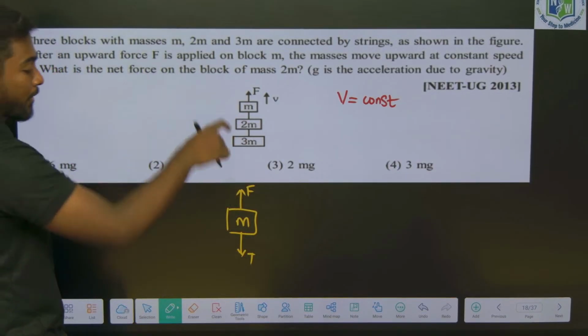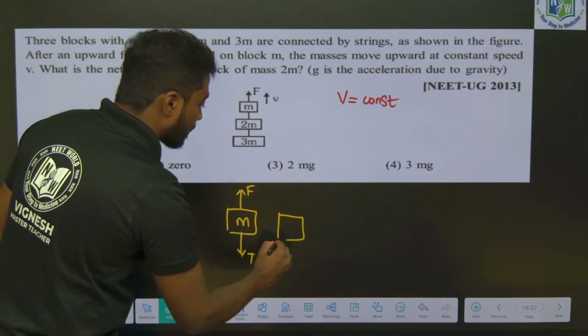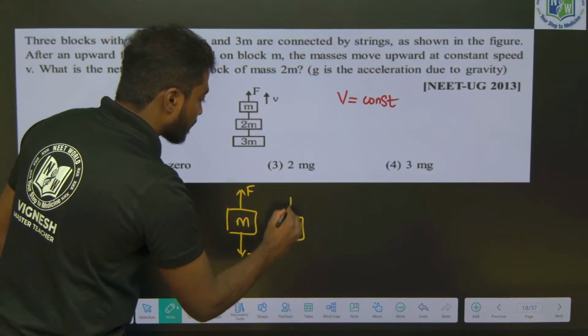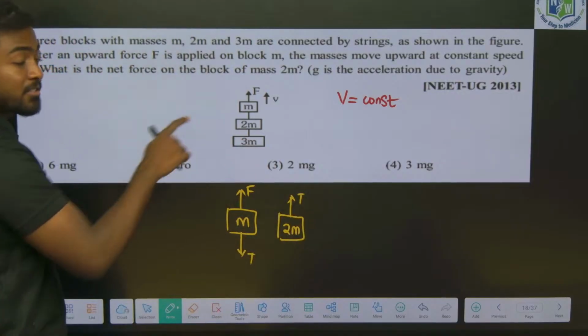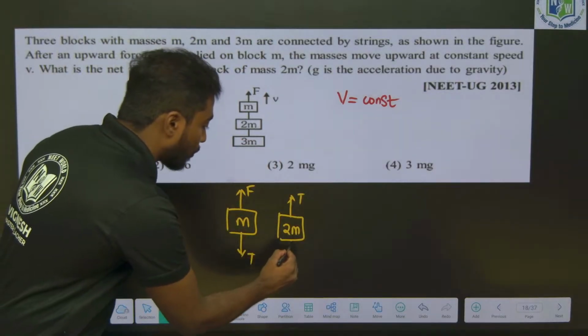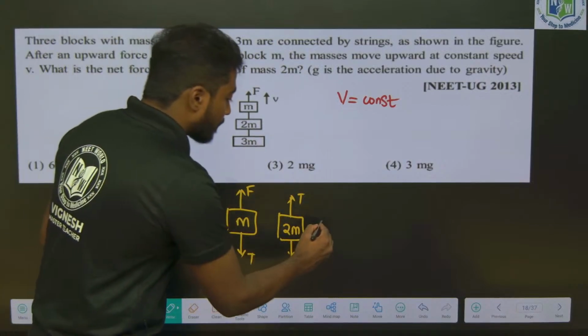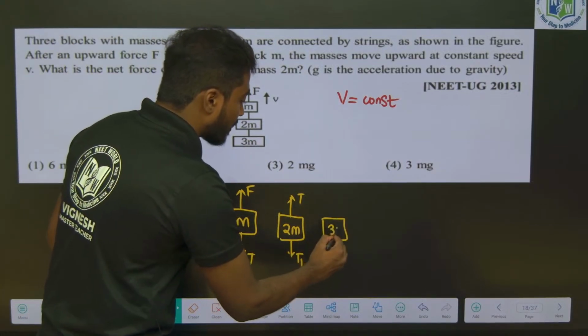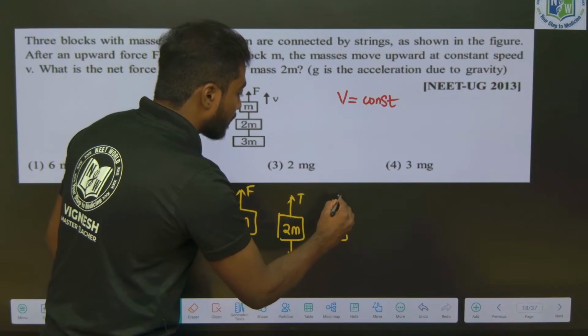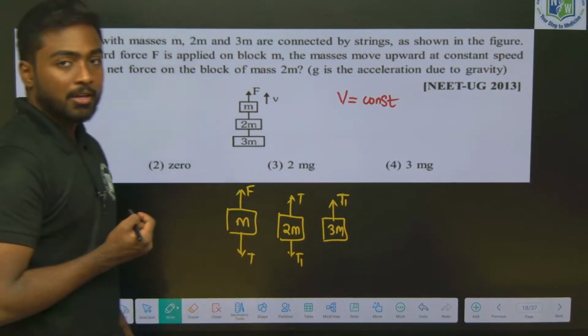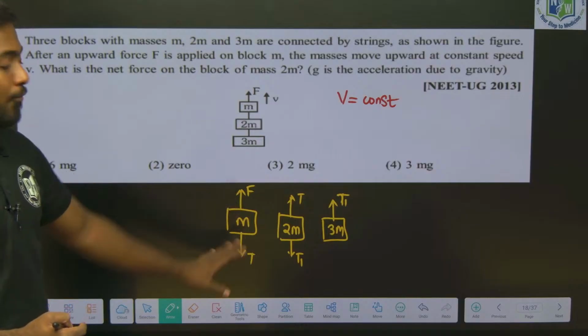Now similarly for mass 2m, this is my tension, and here the string is changed, so I take T1. Then for mass 3m, this is my tension T1. These are the forces.